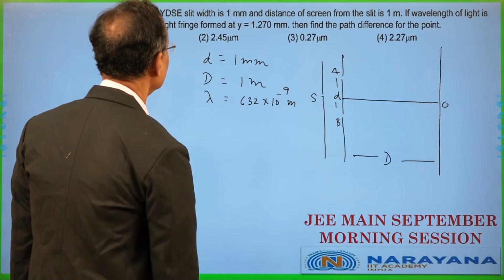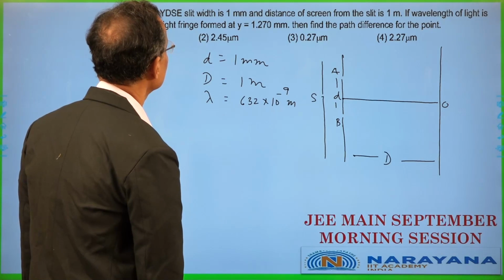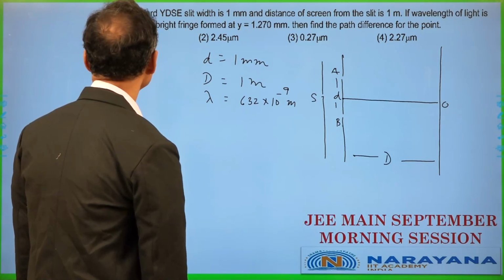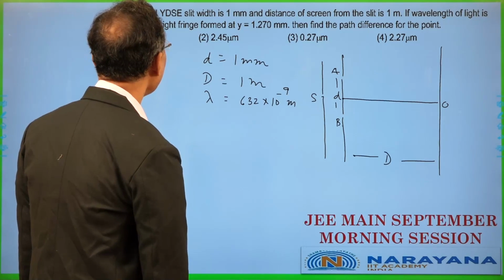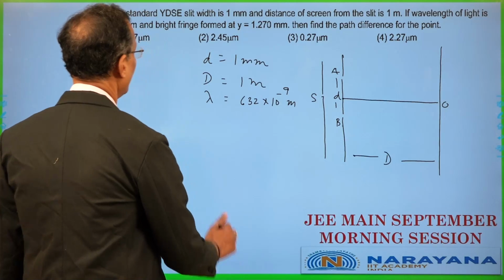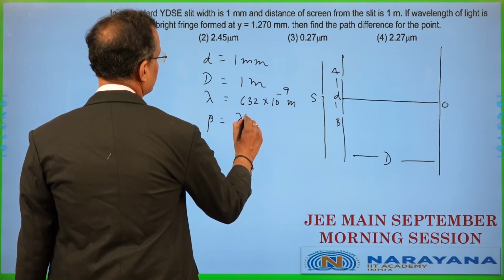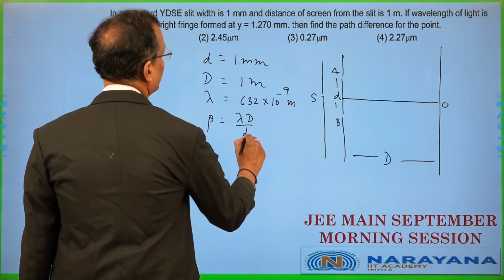They are giving you a standard YDSE: the separation is 1 millimeter, the distance of the screen is given, the wavelength of light is 632 nanometer, and the bright fringe is formed at y. Beta, if I take it, is lambda D by d.